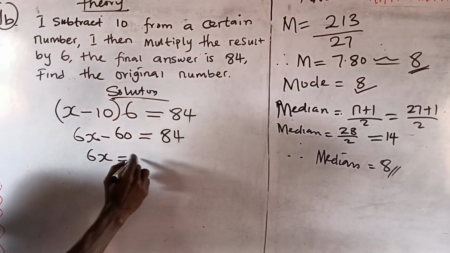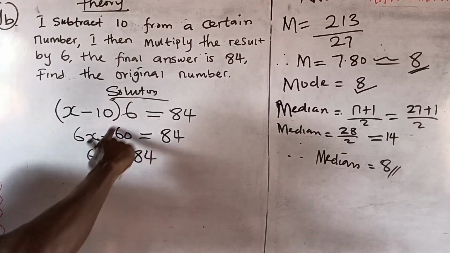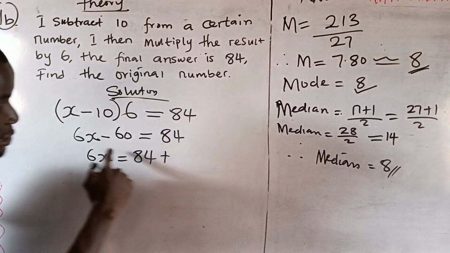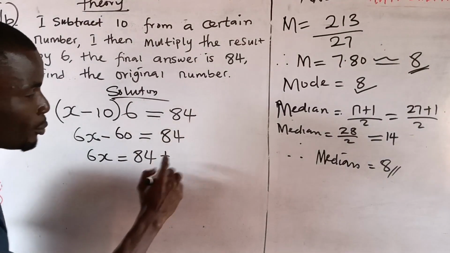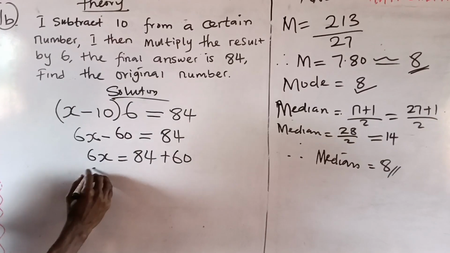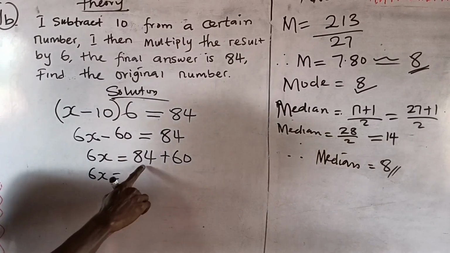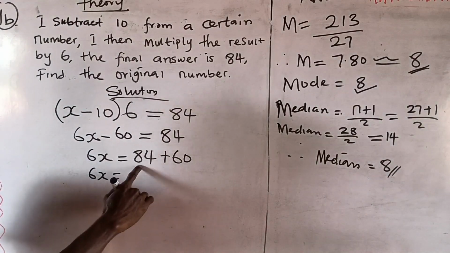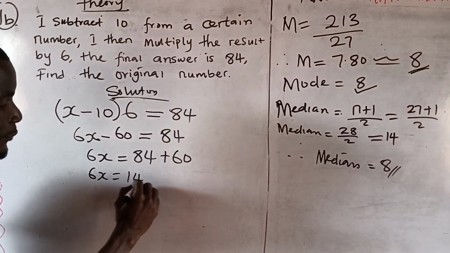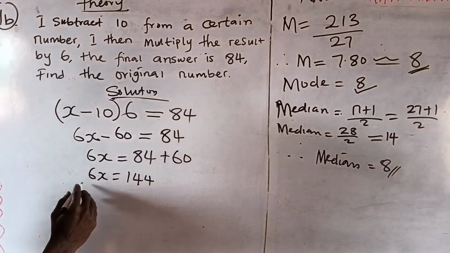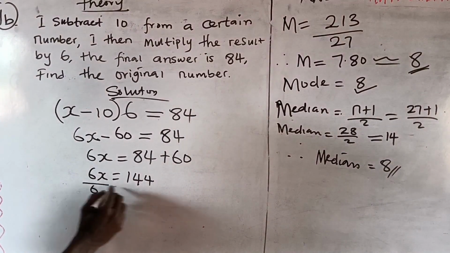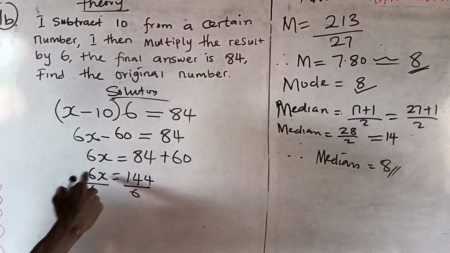We have 6x equals to 84. Once it crosses, it becomes plus. Since it has a negative sign, it becomes plus here. So 6x equals to 84 plus 60, which will give us 144. We divide all through by 6 in order to get the unknown.